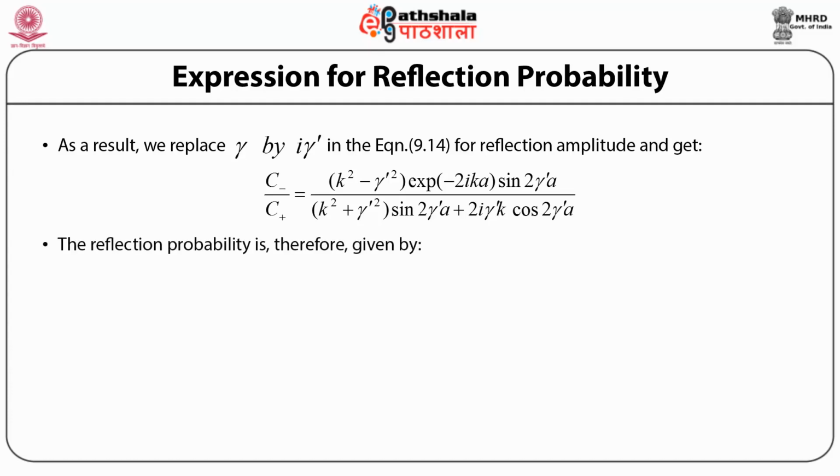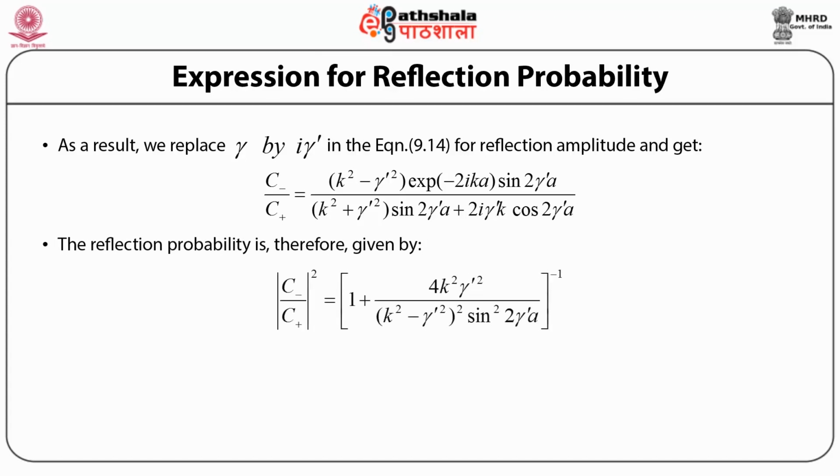The reflection probability is therefore given by the square of modulus of the ratio of C minus to C plus, which is equal to the inverse of 1 plus 4k square into gamma prime square divided by square of (k square minus gamma prime square) into sine square 2 gamma prime a.